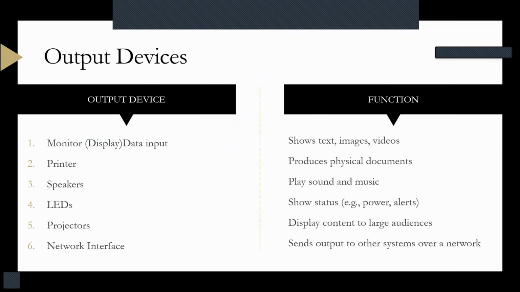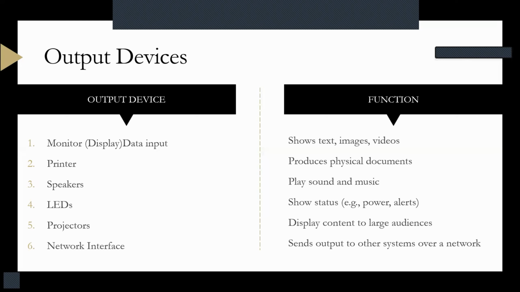The monitor displays text, images, and videos, and the printer produces physical copies, for example, paper. The speaker plays sound and music. LEDs show status or alerts, like a power light. Projectors display content to big audiences. The network interface sends output to other systems or users.